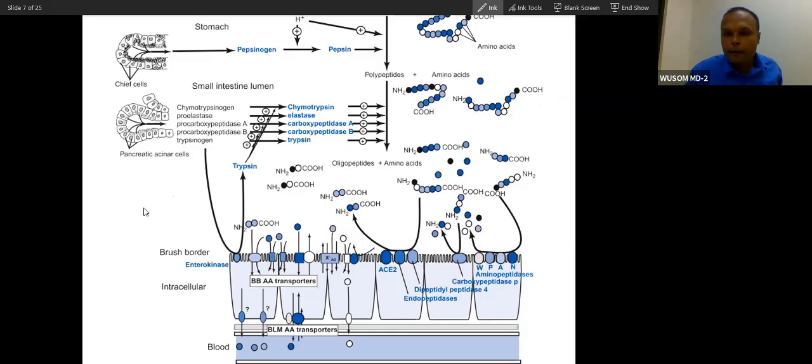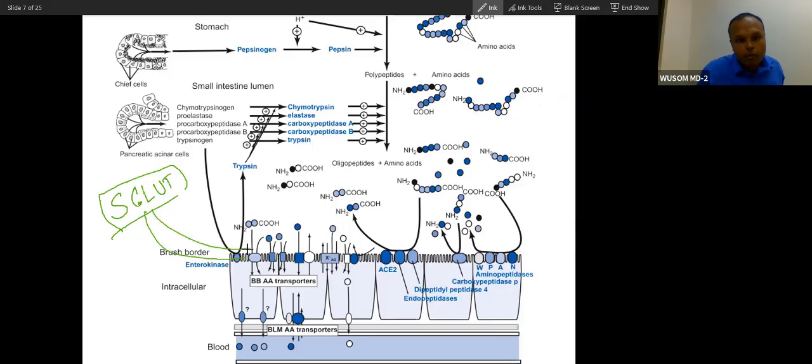We have seen in glucose transportation, it is very simple. There is only one transporter, SGLUT, in the intestine, which is a secondary active transporter. Many of these are also secondary active transporters similar to this, but there are other different types of transporters also. Predominantly they are transporters similar to SGLUT.